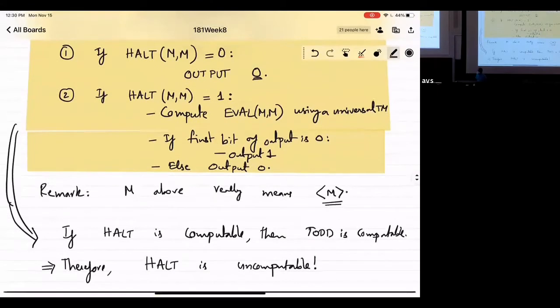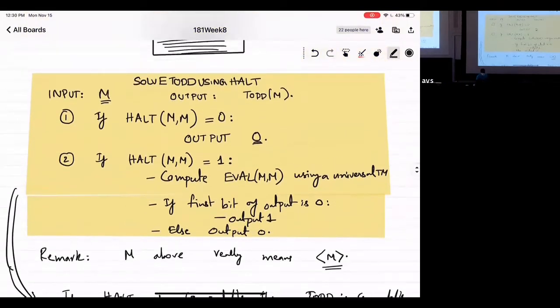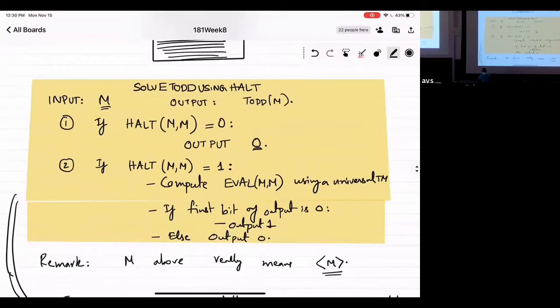Now let's go back to this question here. The question was, why does this new program imply halt is computable? Wouldn't it only imply that we can determine if Todd halts or not, not necessarily that Todd is computable? If you go back to this logic here, what it's saying is if we had an algorithm for halt, I would just plug that in as a black box, and the entire thing would be some Python program for computing Todd of m, which would violate our theorem from last class.